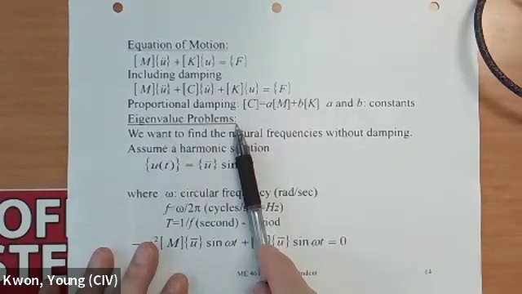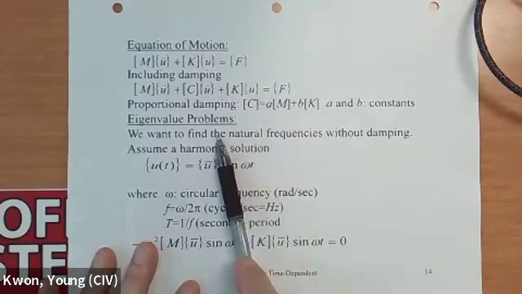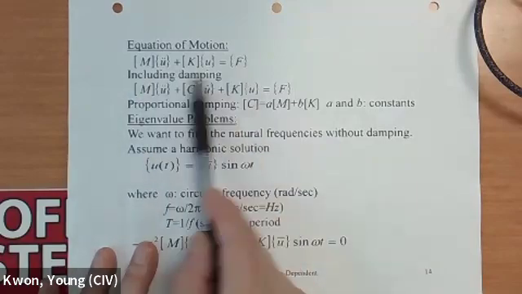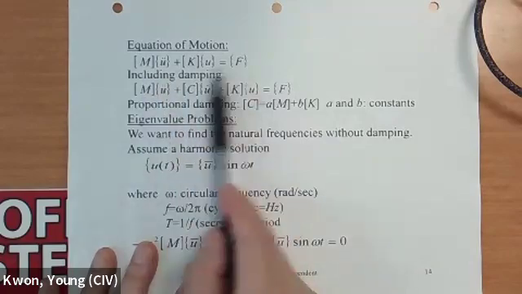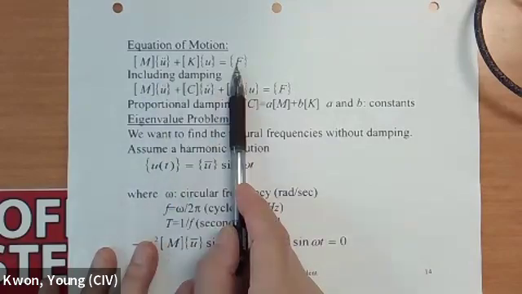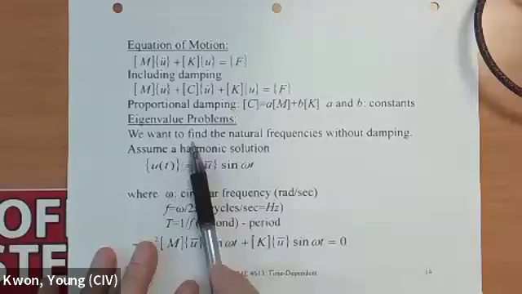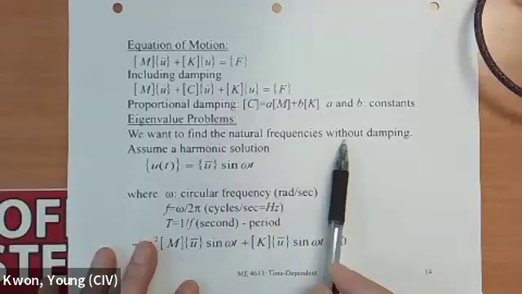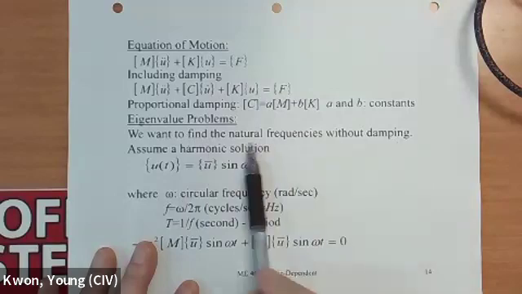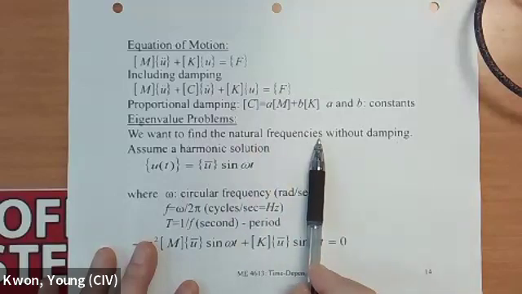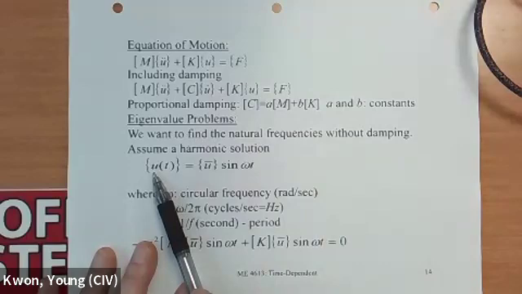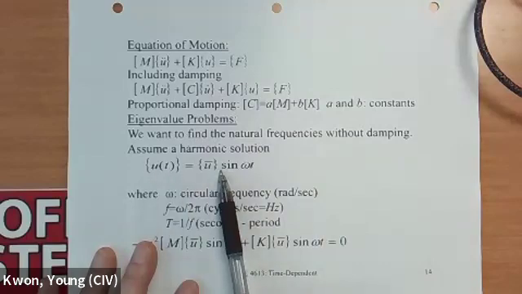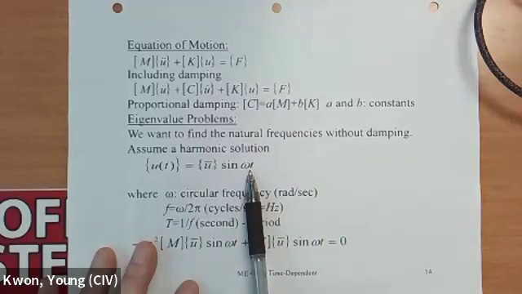So I'm going to demonstrate the eigenvalue problem using the finite element solution technique. Going back to the standard equation of motion, ignoring the damping, we want to find the natural frequency without damping. How do you find the natural frequency? You assume the solution has a harmonic motion, sine or cosine.